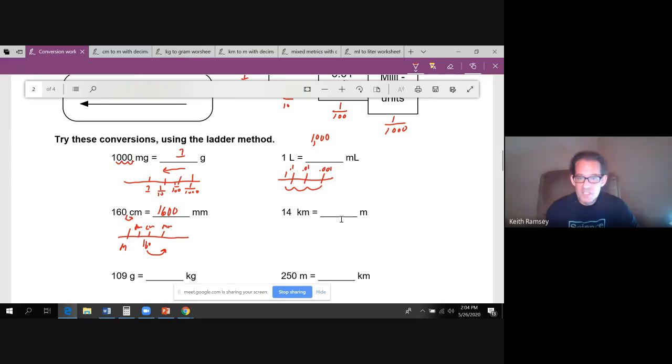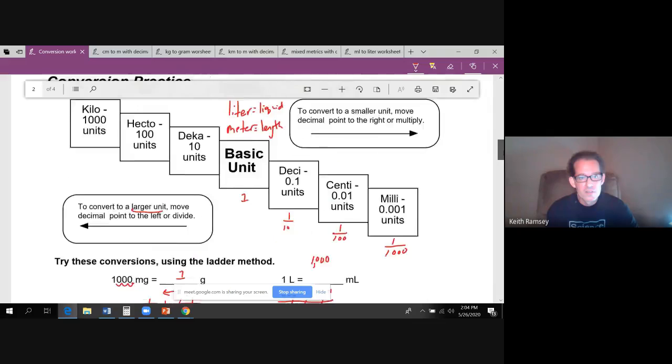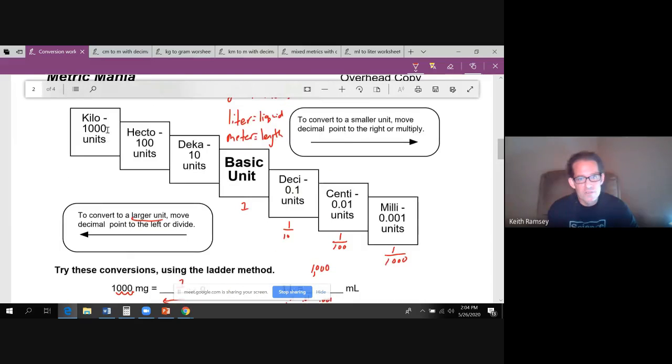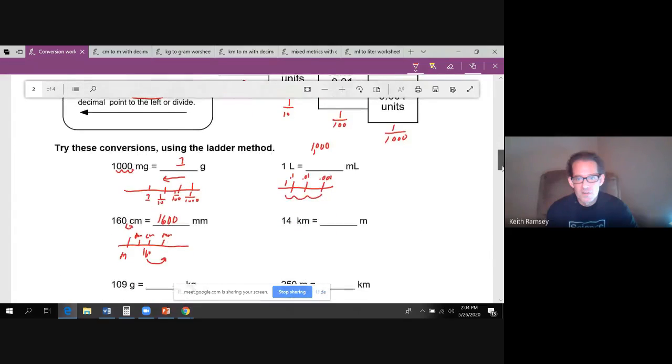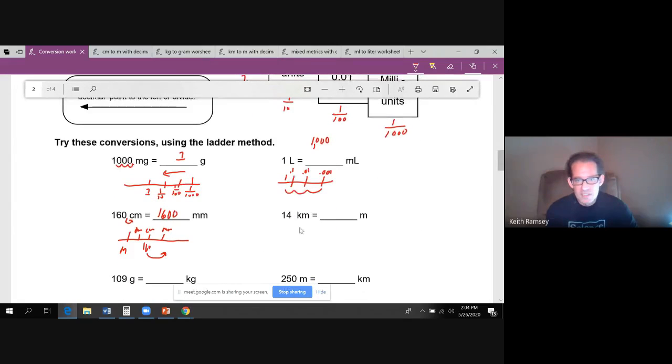Okay, so if I'm going from kilo to meter, look over here at kilometers. Kilometers is 1,000 of this basic unit. So if I'm over here, I've got to move my decimal 3 spaces in this direction. So if I'm on my chart over here and here's kilo, then I have hectometers, then I have decameters.